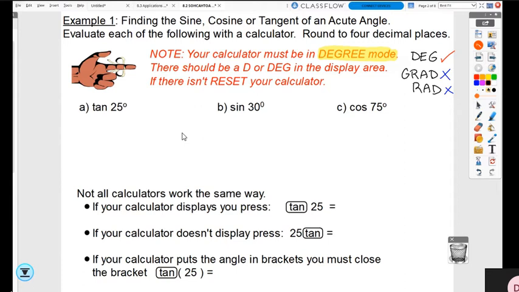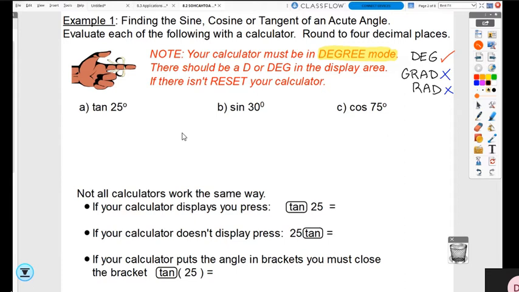It's either DEG or a capital D. If you see that capital D, you're in good shape. That's perfect. See up here on the display, DEG, that's perfect. That's what we want. Calculator questions, anyone? All good?